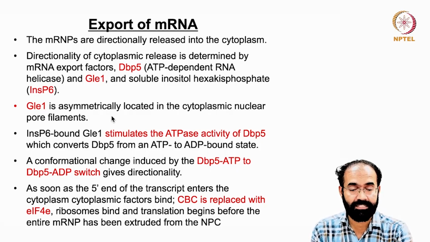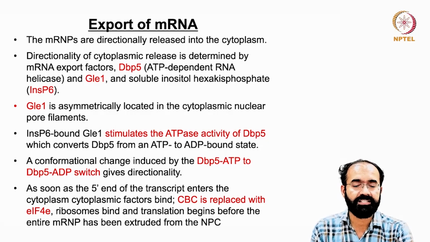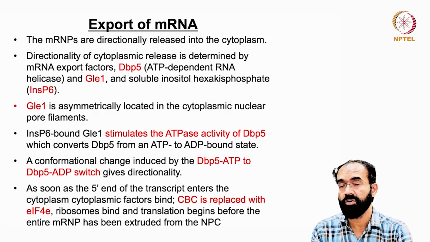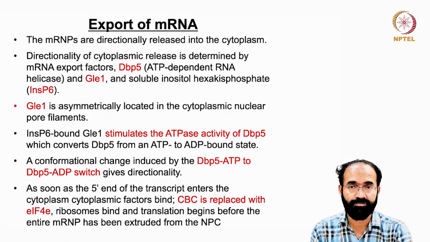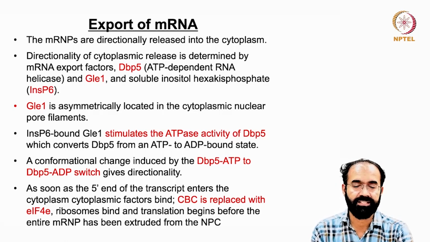They are distributed asymmetrically. And IP6-bound GLE1 stimulates the ATPase activity of DBP5, which converts DBP5 from an ATP to ADP bound state. Now you remember the role of RAN GTPase and the GAP protein, GEF protein, which were contributing to the utilization of GTP energy. Same way, the IP6-bound GLE1 acts like a GAP protein, stimulating the ATPase activity of DBP5.